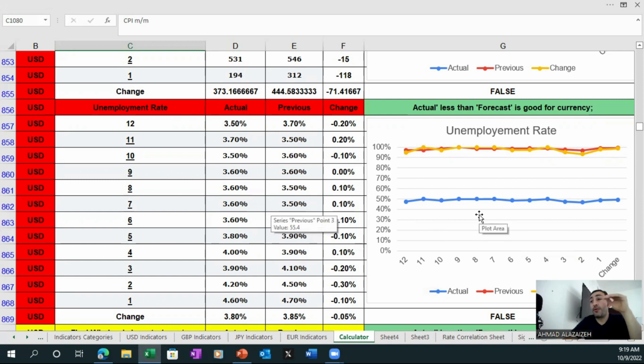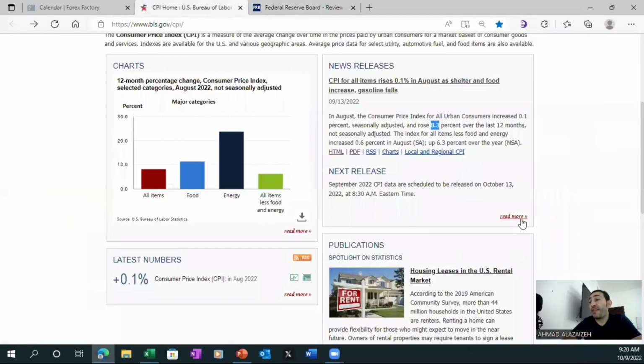In the next video, I'm going to compile the three indicators which we have discussed in the previous videos and let you know how you can use them for your trades. We're going to use this Excel sheet and also the websites for the analysis, and we will see how to calculate this indicator and how to anticipate what the central bank is going to do in the next step.